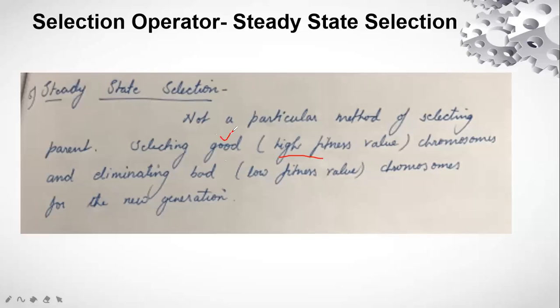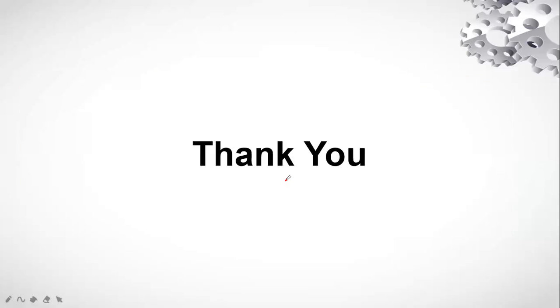The individuals who have good chromosomes, meaning high fitness value, are going to be selected, and we are going to eliminate the bad chromosomes which have the low fitness value. So no random selection, no any other selection. Just according to the fitness function and fitness value, we are going to select or eliminate. So that's all for this particular lecture. Thank you very much.